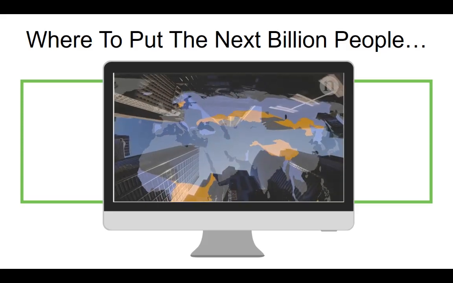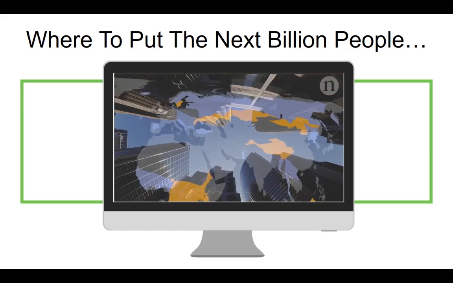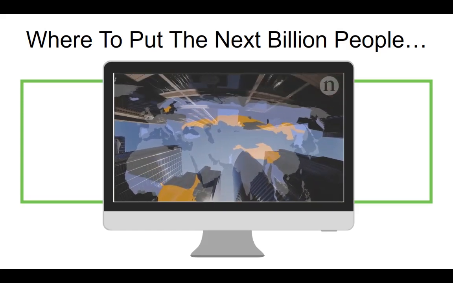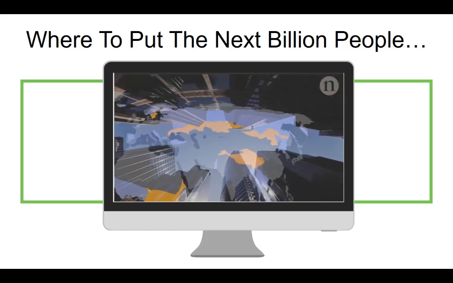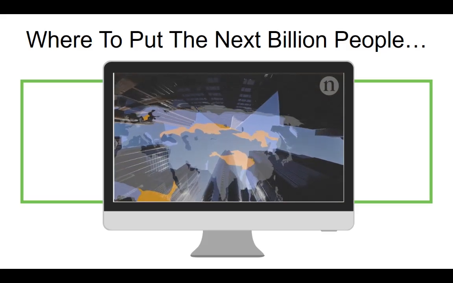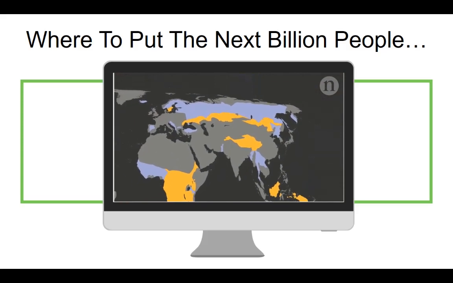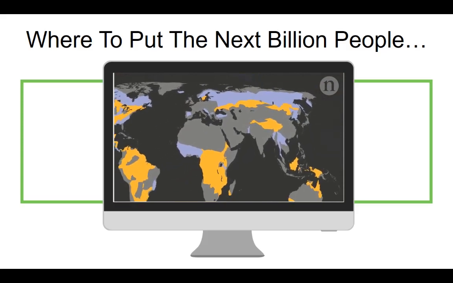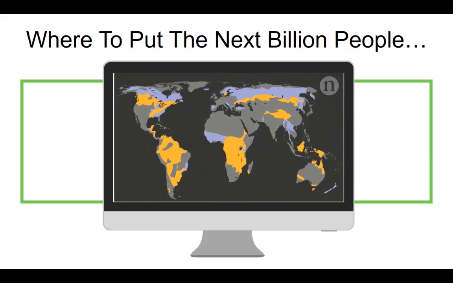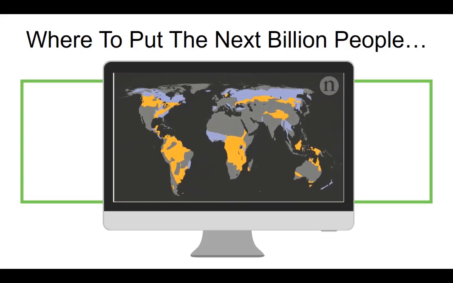There are other options, like creating yet more compact cities supplied with water from yet deeper wells or desalination plants, but some argue that this would be unsustainable in the long term. What is clear is that the next billion people will need to live somewhere, and urban planners, scientists and politicians will need to work together to plan where it's going to be.